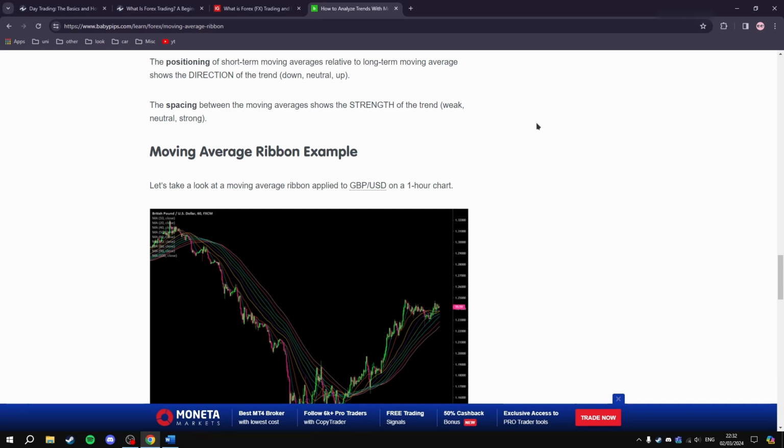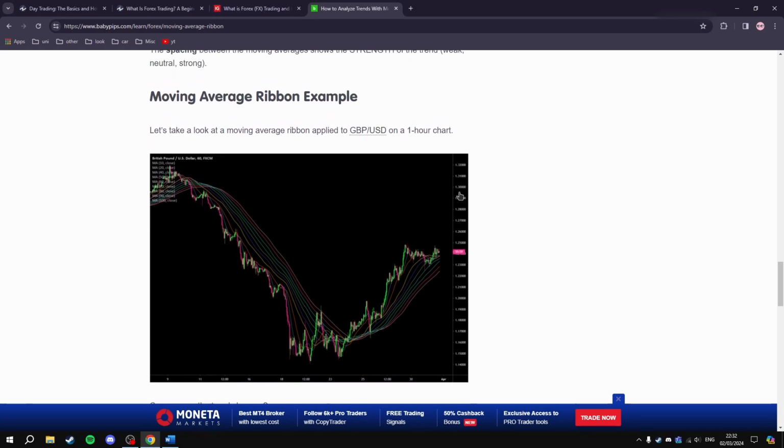If the long term and the short term ones are really far apart, then what the short term is saying is probably different to what the long term is saying.